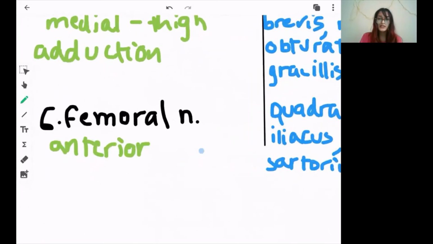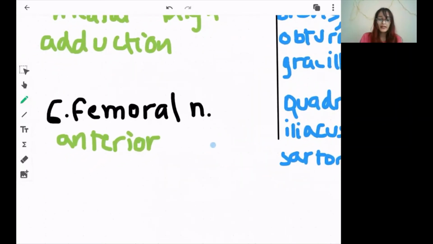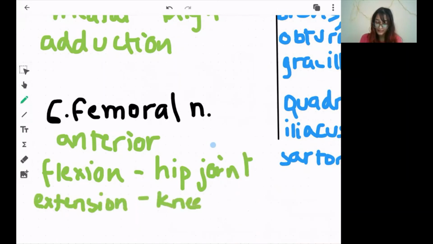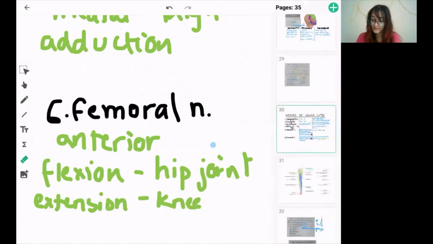So the muscles in the anterior compartment cause flexion at hip joint, but extension at the knee joint. Extension at the knee.